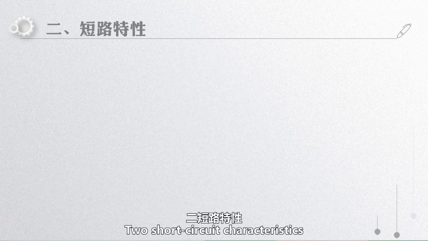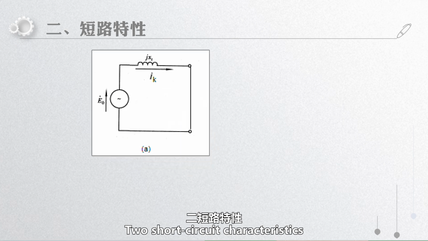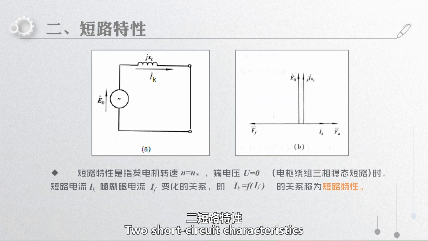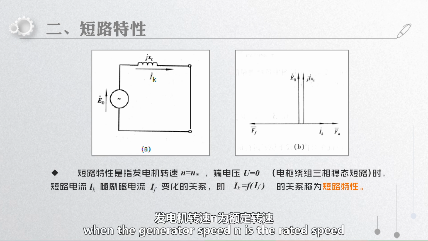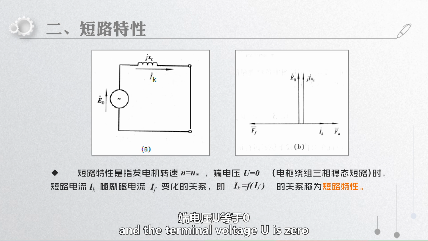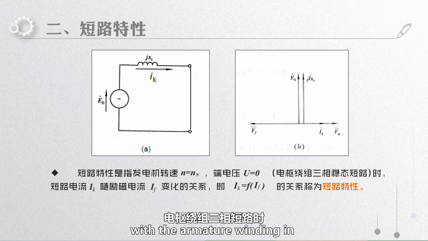2. Short-circuit characteristics. Short-circuit characteristics refer to when the generator speed N is the rated speed and the terminal voltage U is zero, with the armature winding in three-phase short circuit.